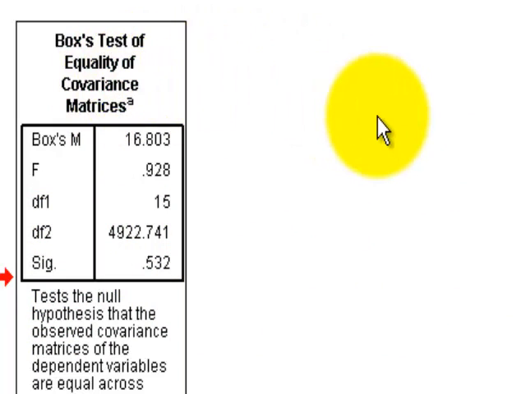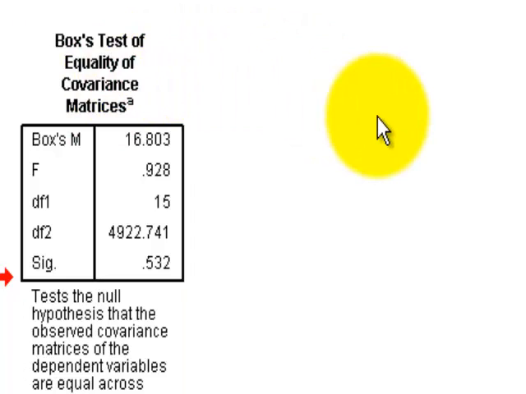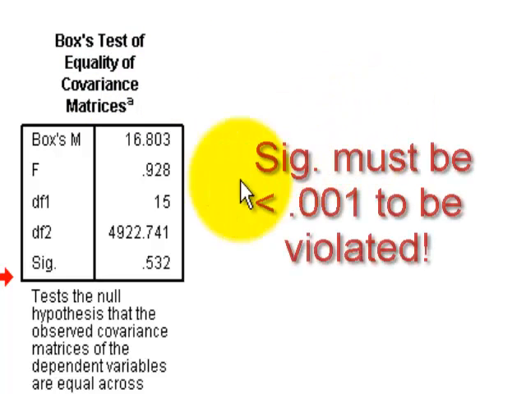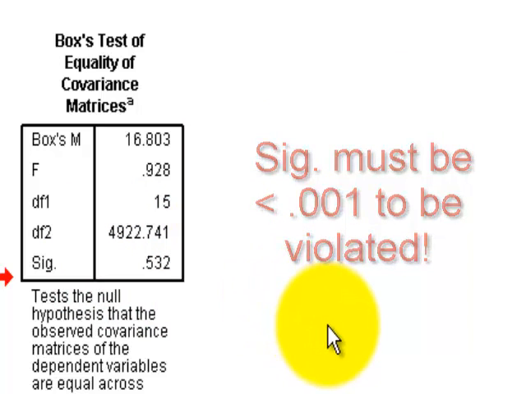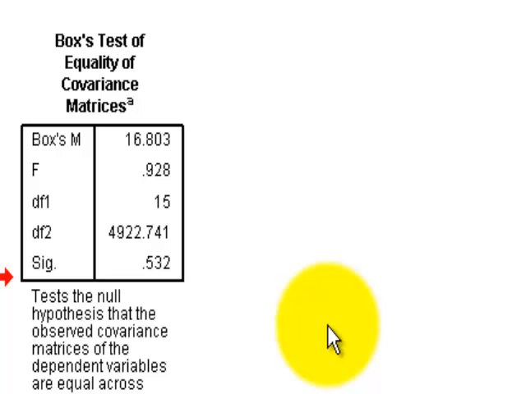But the Box's M test is a lot more sensitive. Instead of the 0.05 cutoff, this number has to be less than 0.001. So unless this significance number is less than 0.001, you did not violate the homogeneity of the variance-covariance matrices. Yay, so we can continue.